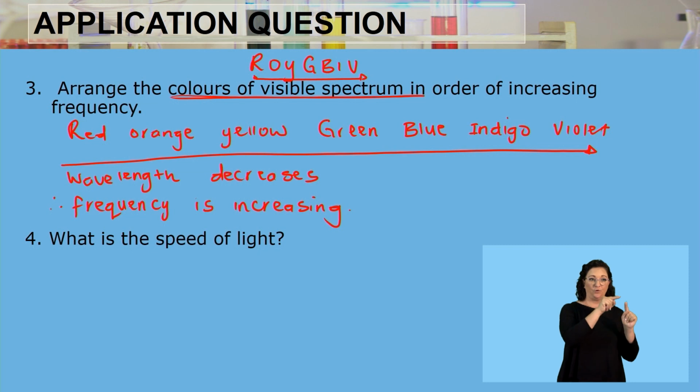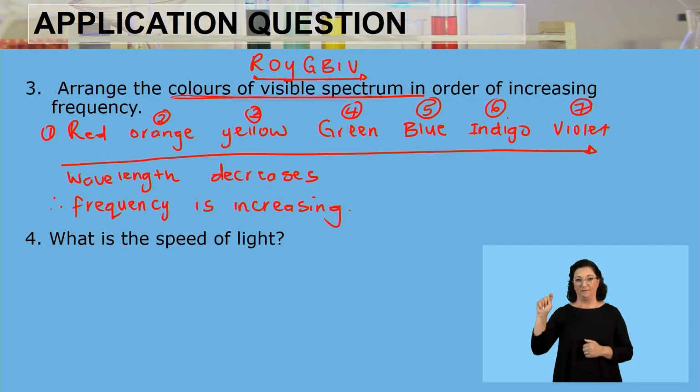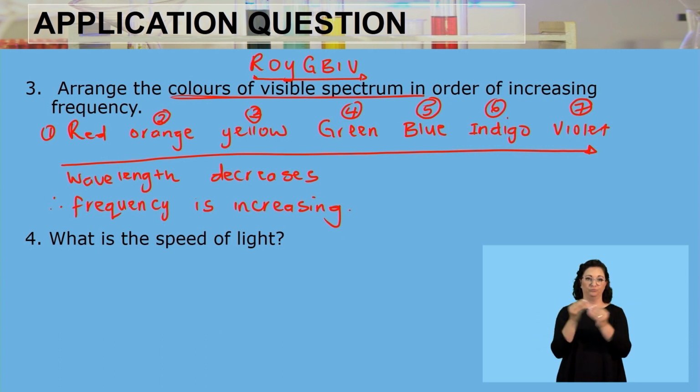That means the first one is going to be red, number 2 is going to be orange, number 3 is yellow, followed by green, and thereafter blue, followed by indigo, and then the last one is going to be violet. That means violet has the highest frequency as compared to all the other ones, as compared to red, orange, yellow, and all the other ones.